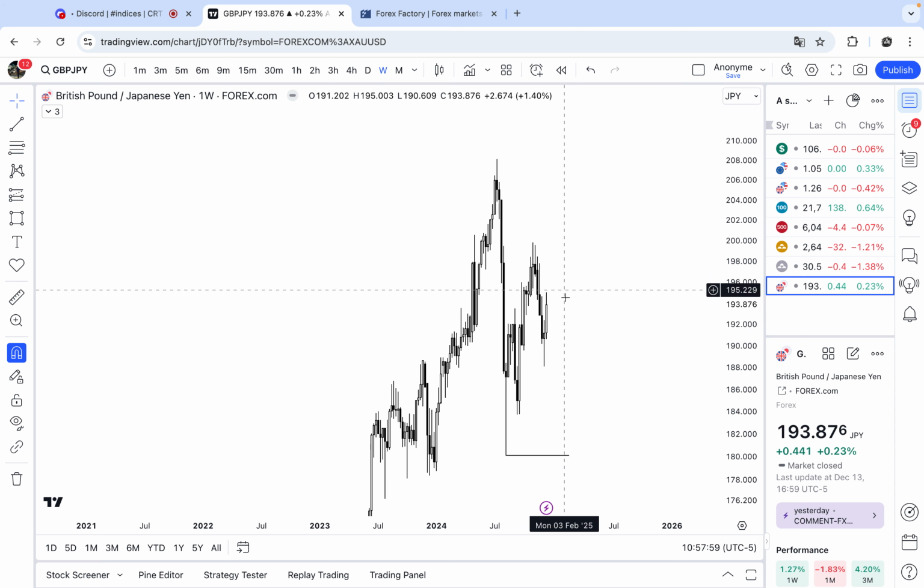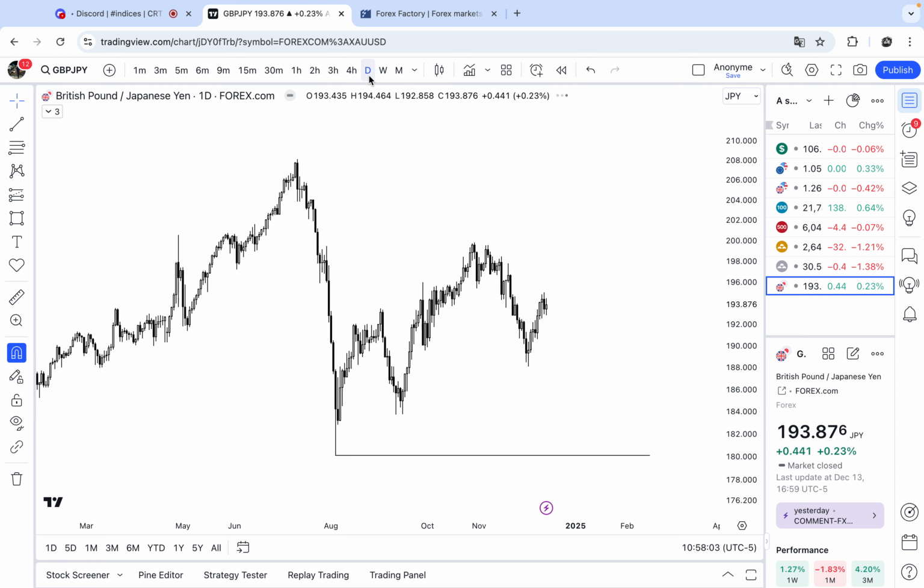Maybe the price will not reach here. This is when I'm looking for daily key levels. On the daily we got this low, for example. That would be a better space. It's gonna be respected more.